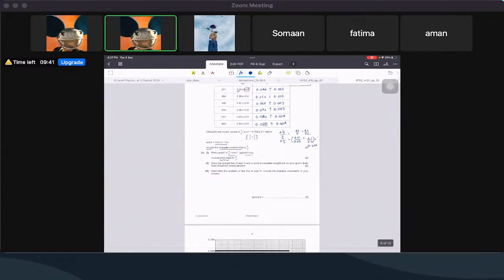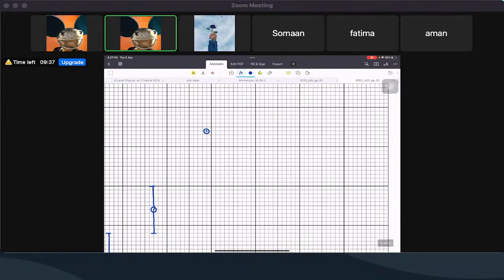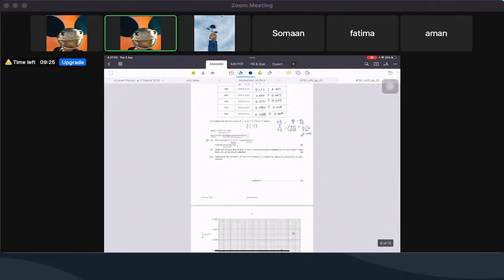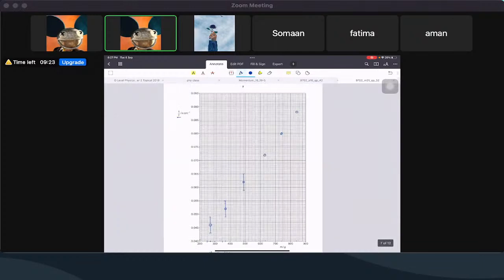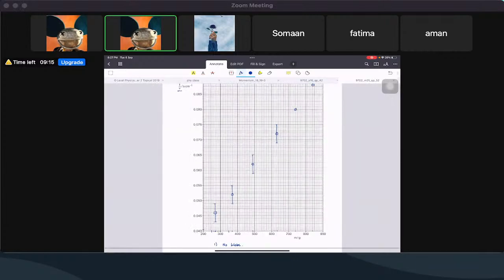Then the next one is 0.003 as well. 1, 2, 3, 4, 5, 6, and 1, 2, 3, 4, 5, 6. Like this, right? And then 0.003 again. 1, 2, 3, 4, 5, 6, and 1, 2, 3, 4, 5, 6. Like this. Okay. And then the last one is 0.004.